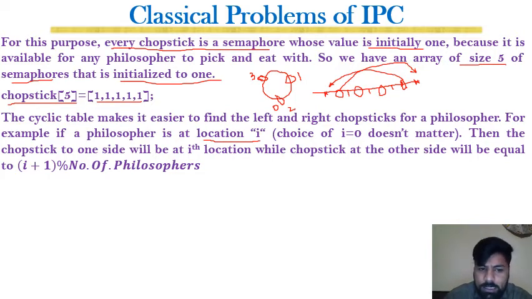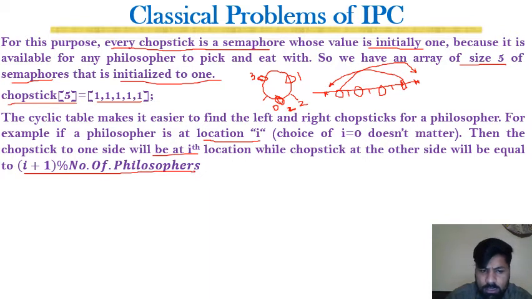Then the chopstick to one side will be at the ith location. If we know the number of the philosopher, for example, the number of this philosopher is 2, then the chopstick to one side will be the second chopstick, and the chopstick on the other side will be found using the formula I plus 1 modulus number of philosophers.